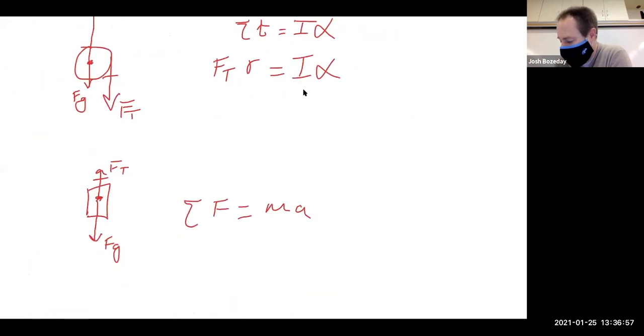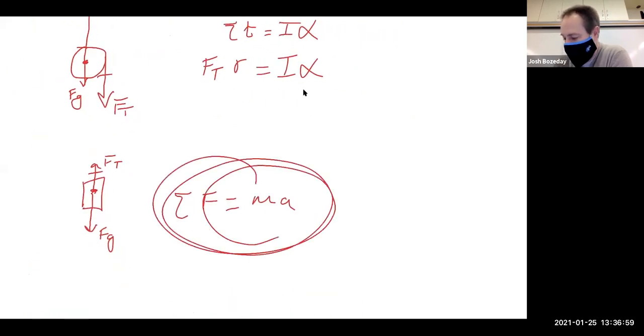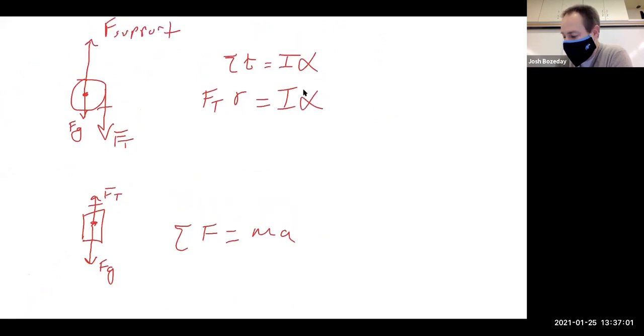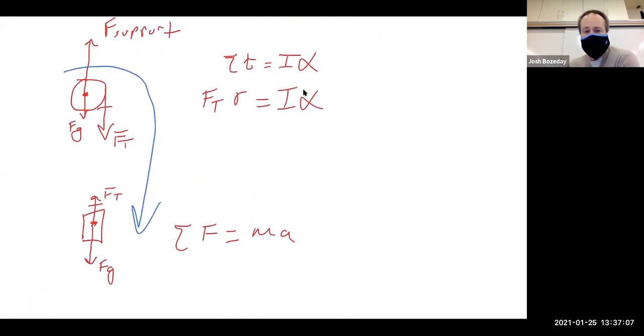Now, before I elaborate on this, we need to think about pluses and minuses, right? One of the things we've got to think about is bending the axis of acceleration. What we're saying here is that clockwise is the positive direction. So force tension is producing a clockwise torque, which is going to be a positive torque.